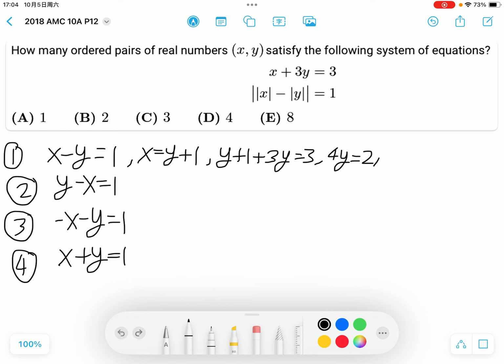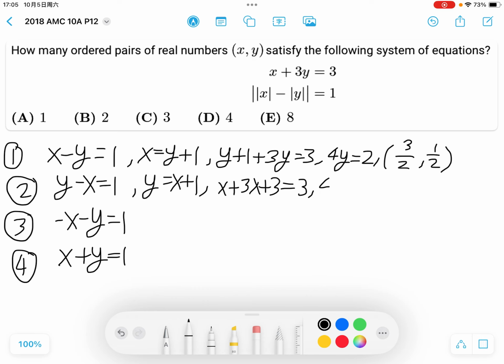Since y is 1/2, x is 1/2 plus 1, which is just 3 over 2. Now what about y minus x equals 1 with this equation? This tells us that y equals x plus 1. So we have x plus 3x plus 3 equals 3, meaning that 4x equals 0. So x is 0, and y is 0 plus 1, which is just 1.